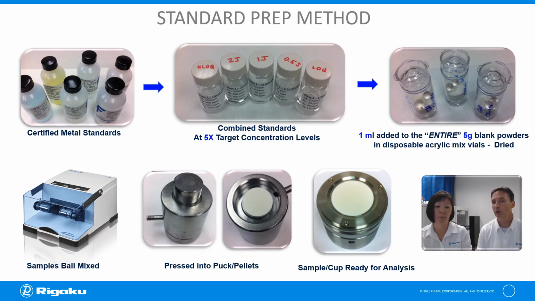And another point to make here too is that this looks kind of involved. And if I was doing this on something like an ICP, where I'm having to do this every single day, every single time I go to run a set of samples, yeah, I wouldn't want to do this. The nice thing about the XRF, and we'll talk about this in a couple of our sessions, as well as our workshop later today, is that you only have to do this once. You do this to set up your method, and that method could be good for years. In fact, this machine behind us here is about 5 years old.